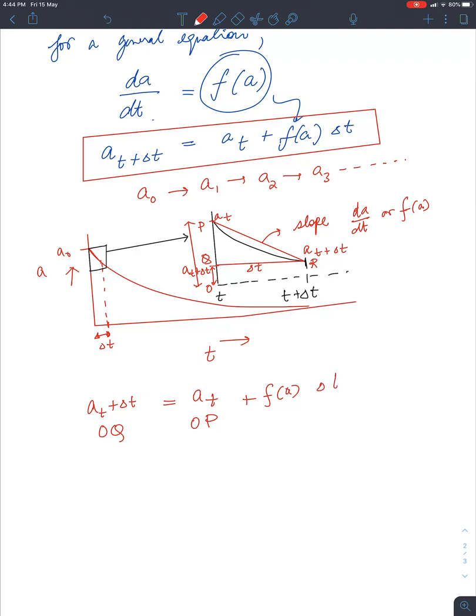Into delta t. What is the slope of the line at A, right? So slope of the line could be said to be tan theta. Slope is equal to tan theta, which is equal to PQ.